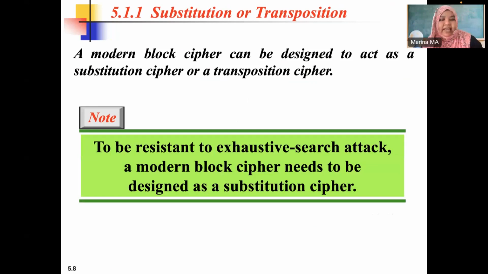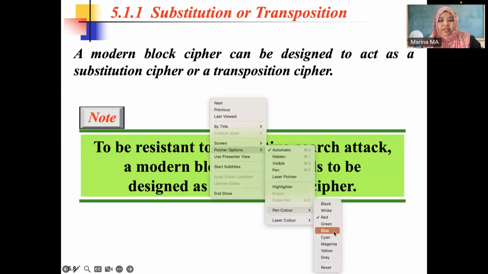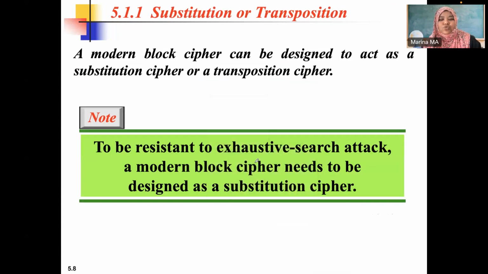However, let's look at this note. To be resistant to exhaustive search attack, even though it says you can make it substitution or transposition, a modern block cipher needs to be designed as a substitution.